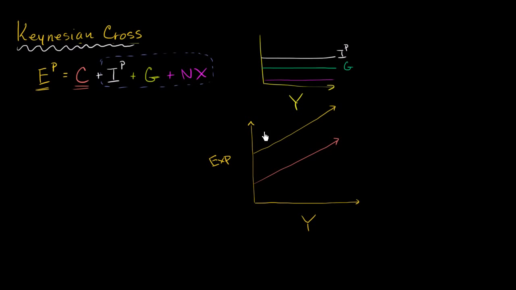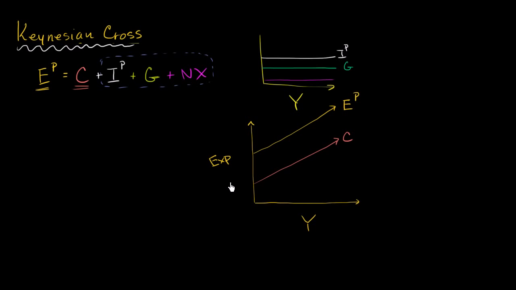So I'm just starting off with consumer spending. I'm using a linear consumption function. You don't have to, but it makes the Keynesian cross analysis a lot more cross-like and easier to analyze. And then if you add all of what we assume to be constant things, then aggregate expenditures is going to be up here. So this right over here is aggregate planned expenditures, I should say.